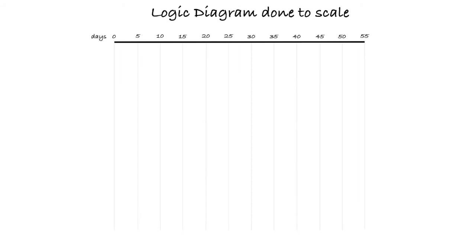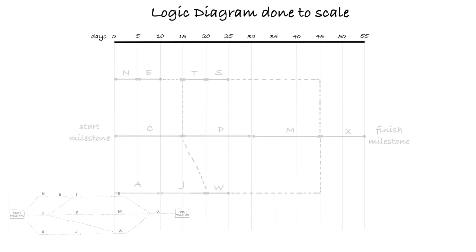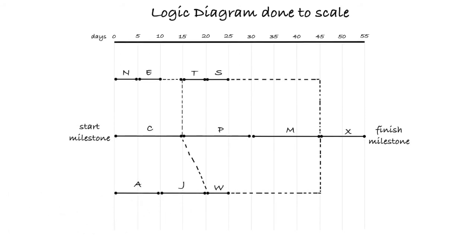With this in place, it is now a simple process of adding all the operations with their assigned days and making them conform to our new time scale. Now that we've added everything, we can finally see this project in proper perspective.